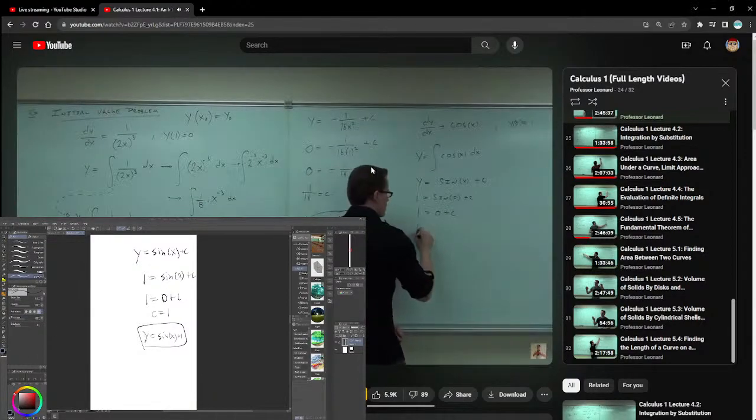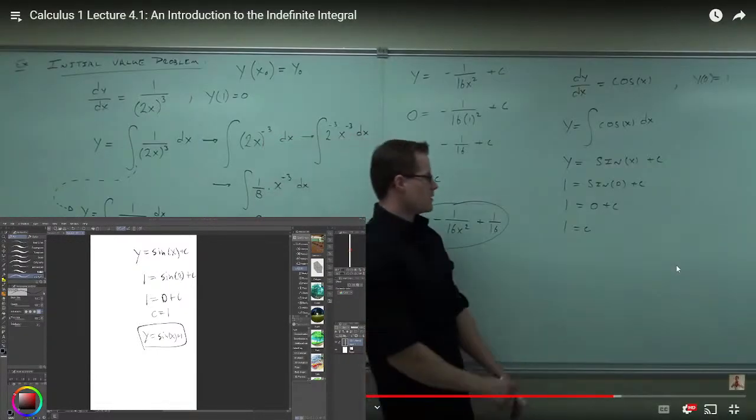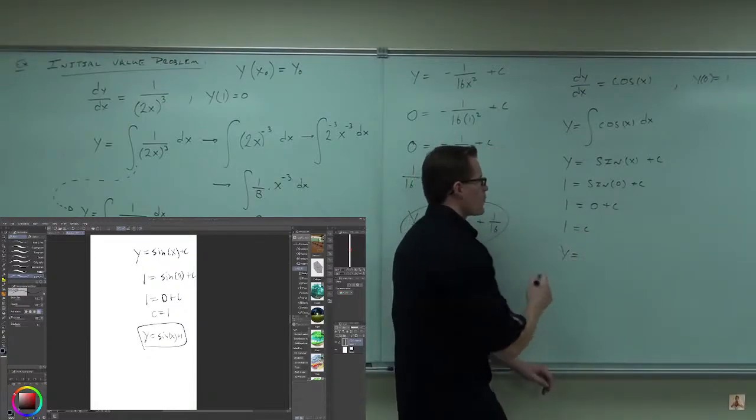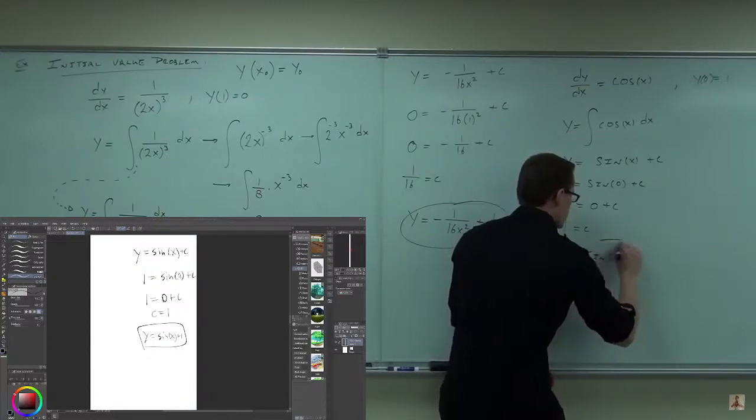Zero, yeah. I was counting another. 1 equals c. No, you guys are right. 1 equals c. So our function that we were looking for is sine of x plus 1.